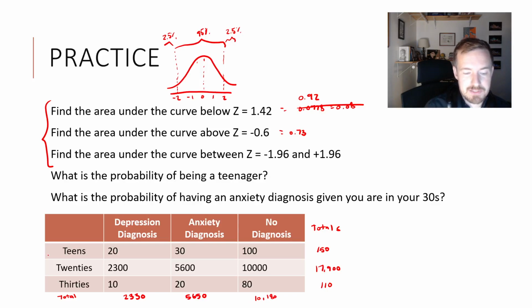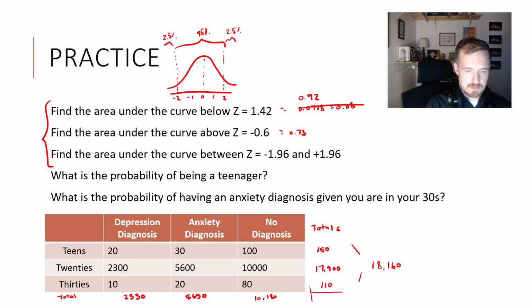Alright, so now's the moment of truth, right? I should be able to add these up, and then that gives us the same thing for both of these. So I'm going to add up the totals for the teenagers, 20-year-olds, and 30-year-olds first. So I'm going to do 150 plus 17,900 plus 110, and that gives me 18,160, and oh boy, I really hope that it goes across just as well.